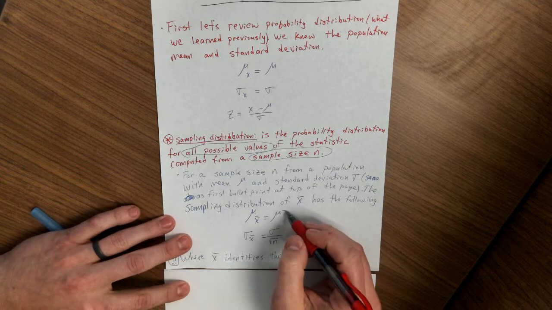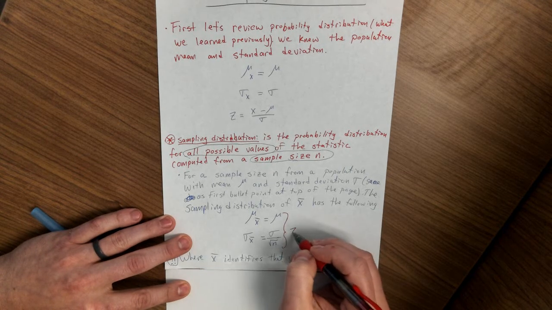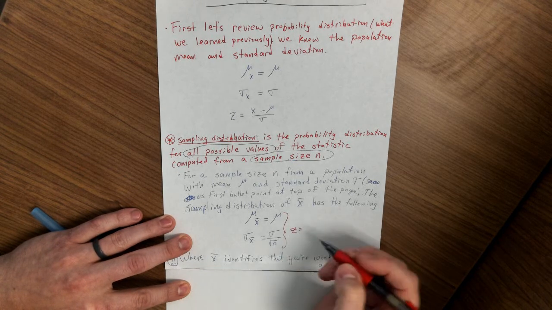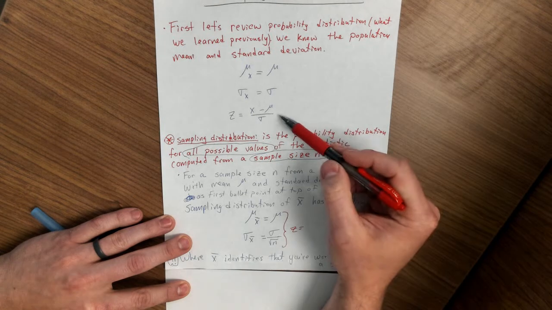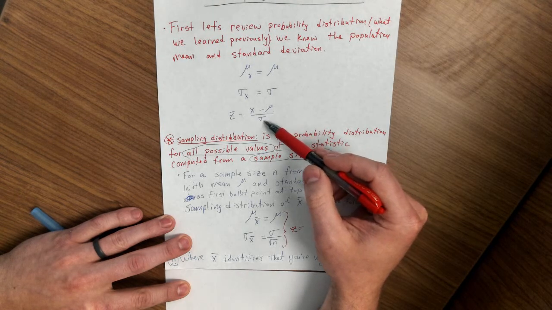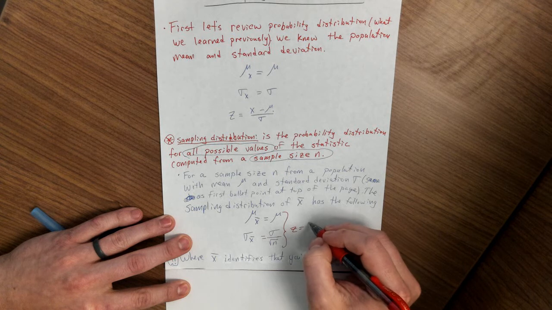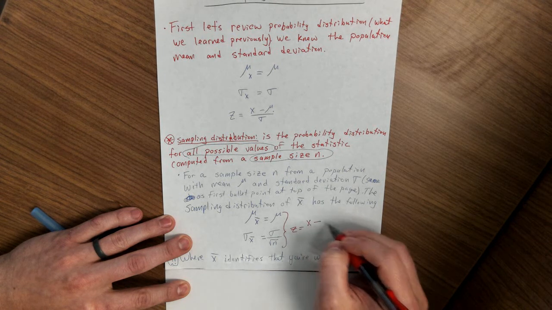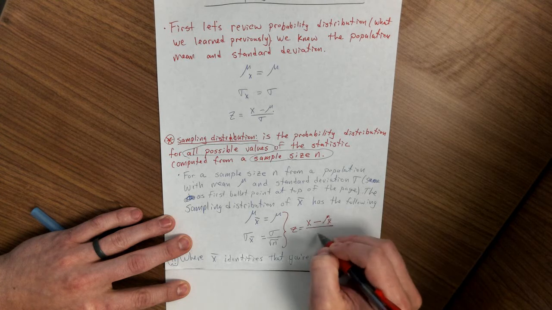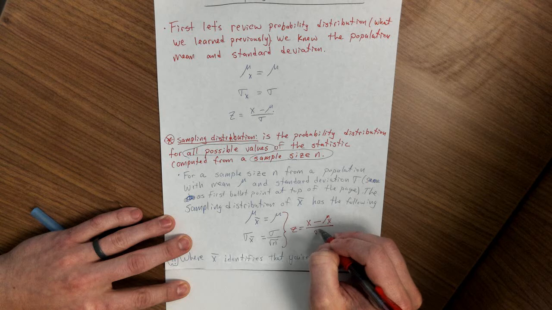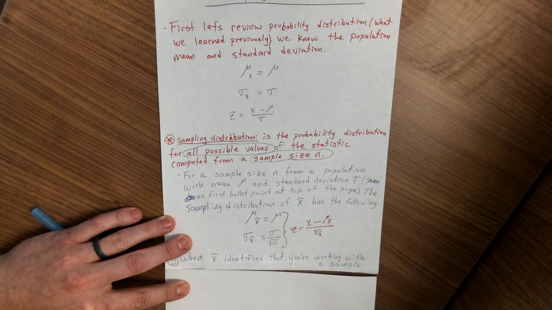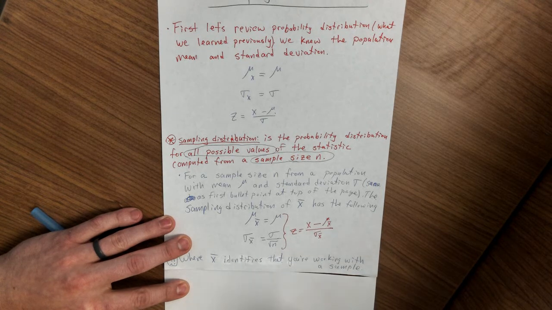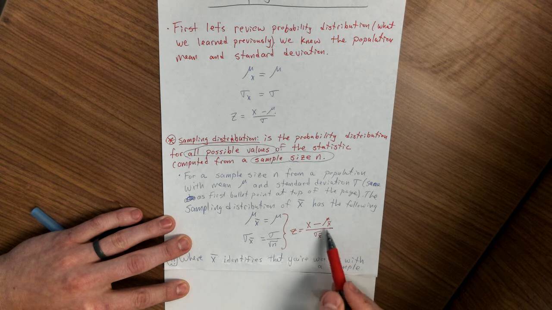So when you want to find z, it still starts out the same as up here, except now we'll have x bar and x bar here and here. So we'll have x, which is the observation we're looking at, minus mu sub x bar, all divided by the standard deviation of x bar. All right, and these things, we can just plug in what these are equal to.